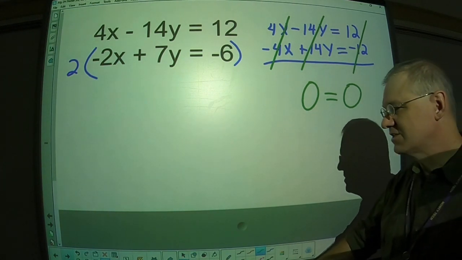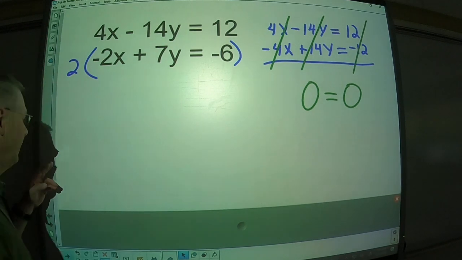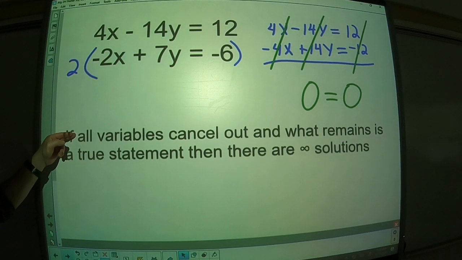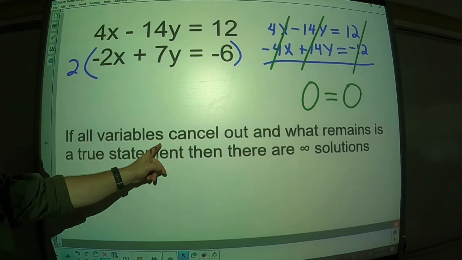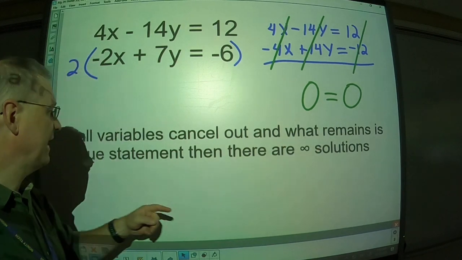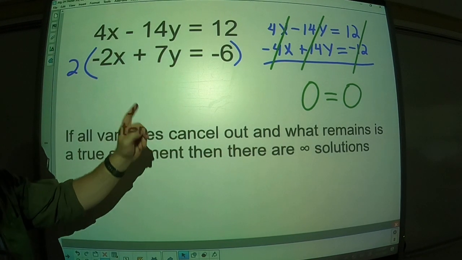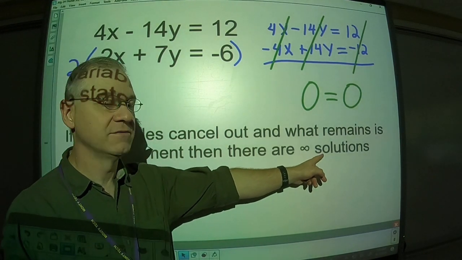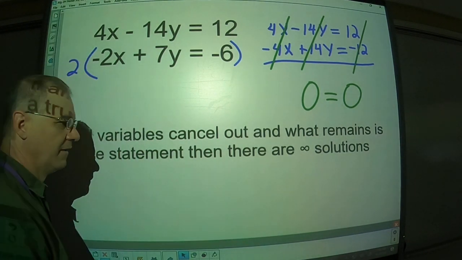If you run into a situation where you have 0 equals 0, well, here is what we're talking about. If all variables cancel out and what remains is a true statement, 0 does equal 0, then there are infinite solutions.